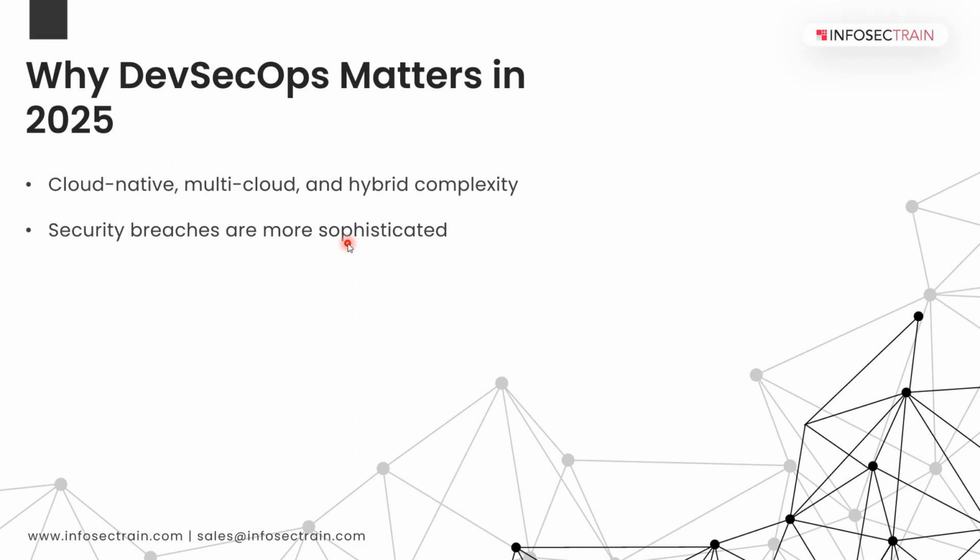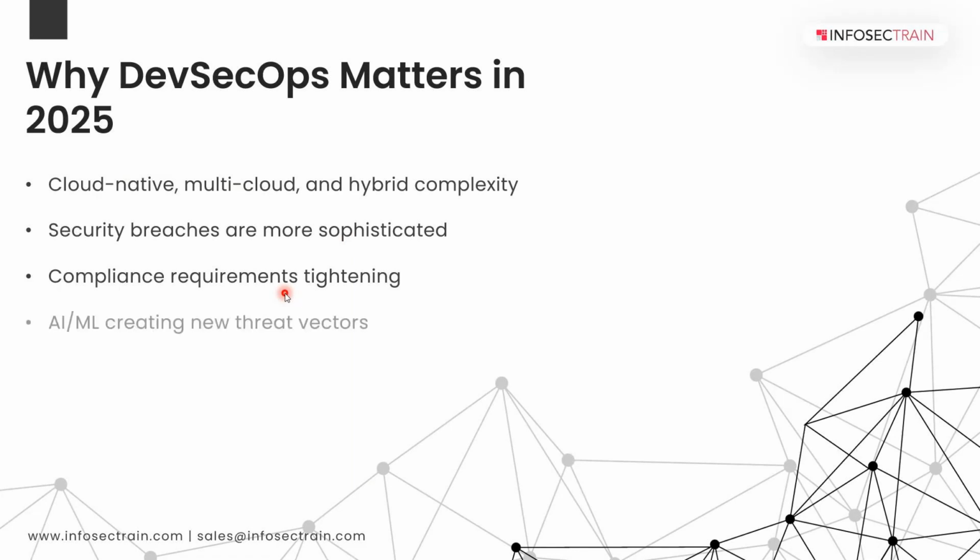I will showcase one sample of a security breach regarding AWS, and also the compliance requirements are getting tightened, so you have all the compliance requirements in a tighter format. And as we are entering into the AI/ML section, you have to believe this: we have a separate certification for AI/ML security itself, or AI/ML penetration testing itself.